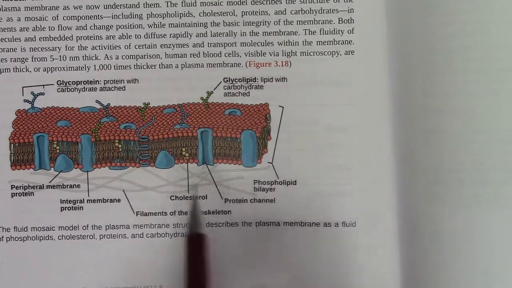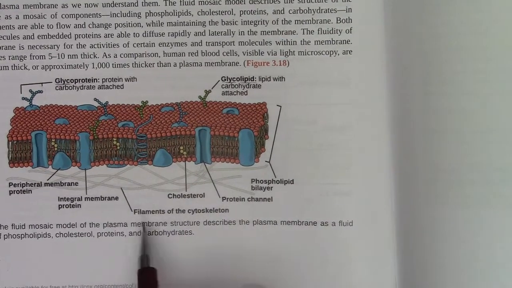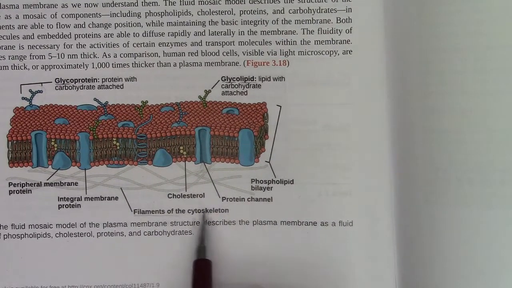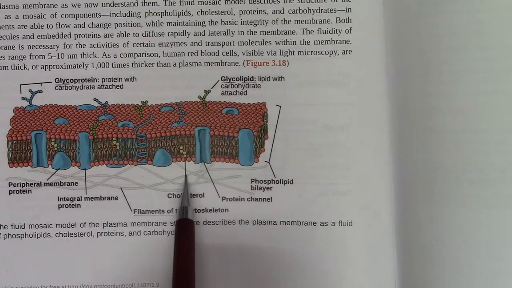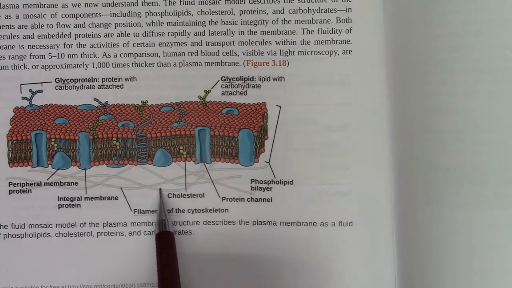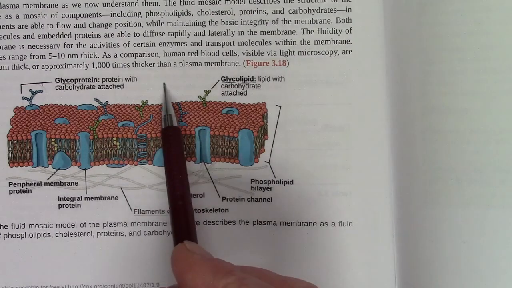This figure also shows the cytoskeleton, filaments of cytoskeleton, which are these. It's all protein, and there are different types of protein. This would be inside the cell, and this would be outside.